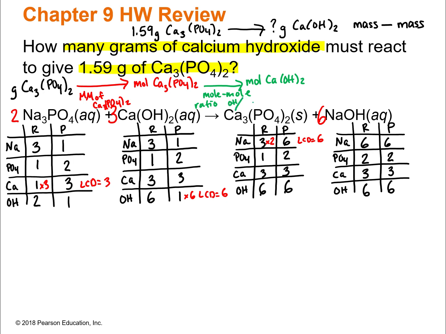The calcium hydroxide over the calcium phosphate. Then we need to get to grams of calcium hydroxide. Again, molar mass comes into play.